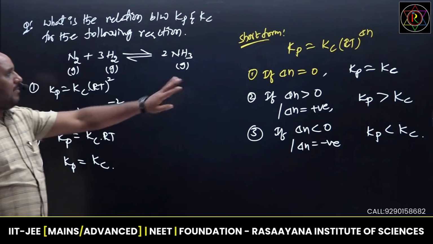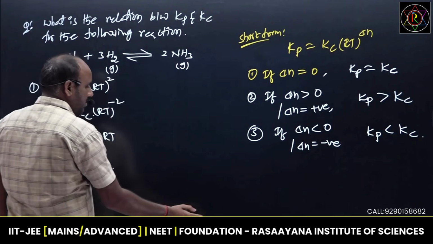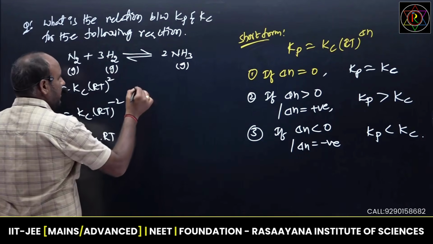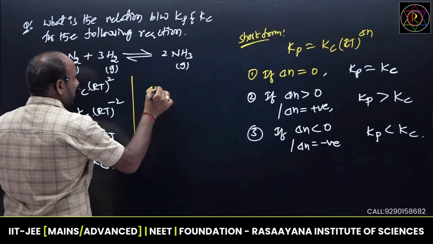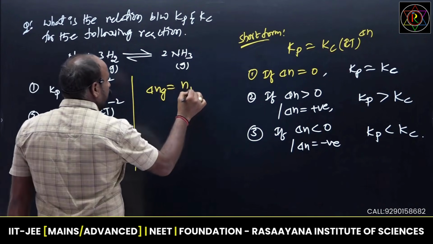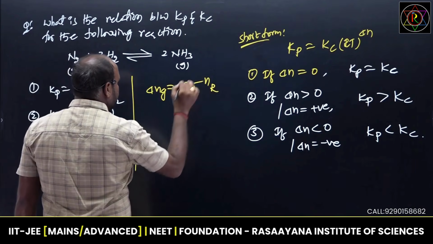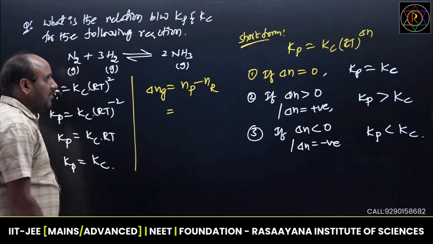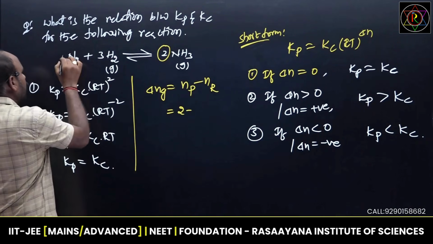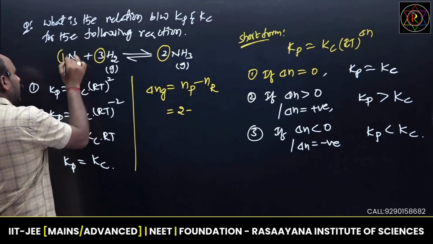So then we have to apply the conditions directly. We have to utilize that relationship between Kc and Kp. Simply, here we have to consider delta Ng or delta n. Delta Ng is equal to the number of moles of products minus the number of moles of reactants. How many moles of products are there? That is 2. Minus how many moles of reactants are there? 3 and 1.